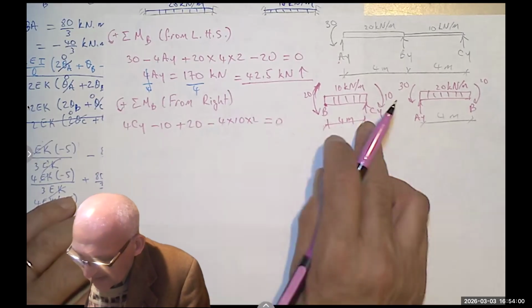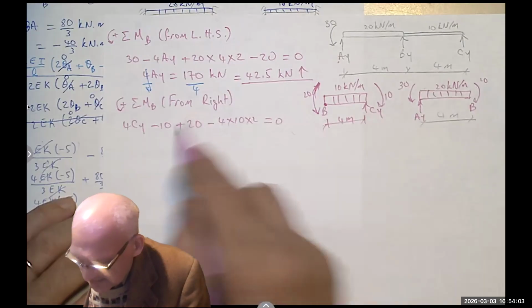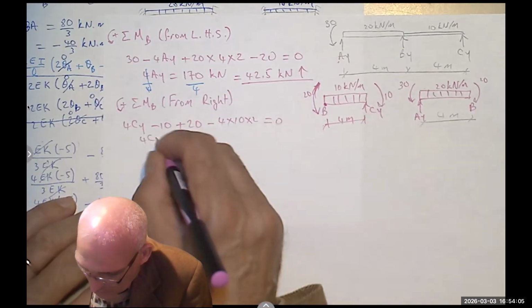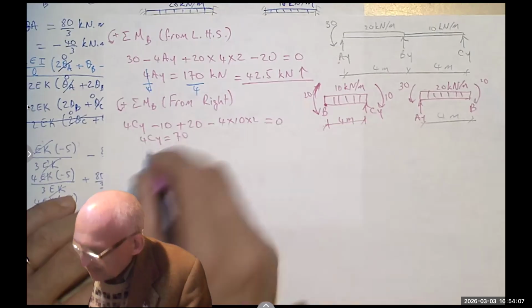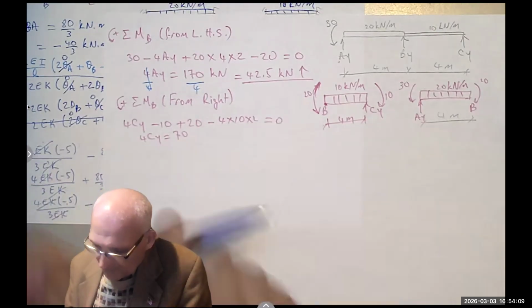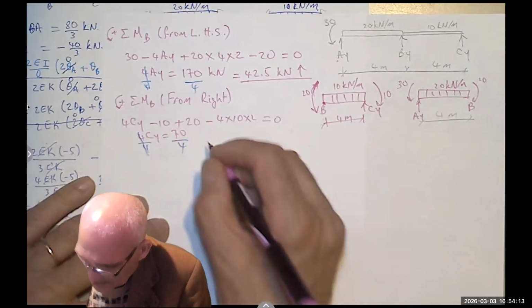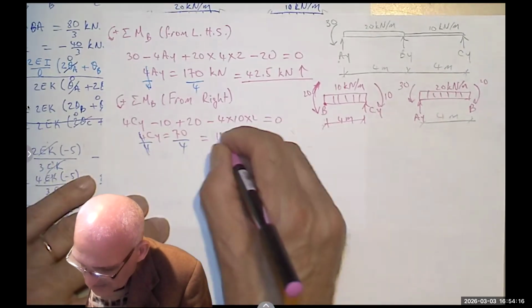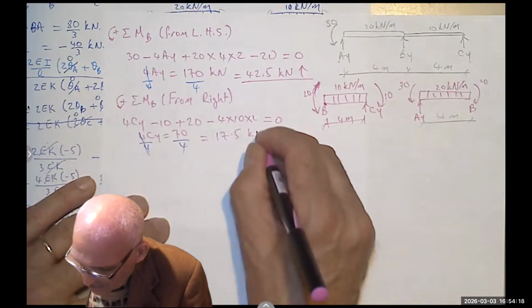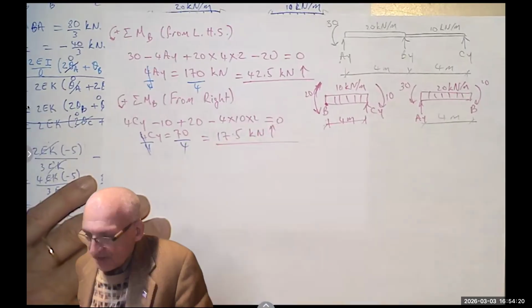So when I move them to the other side, it would be 80 minus 10, or 70. 4cy is 70. I'm going to divide by 4 both sides. So that becomes 17.5 kilonewton, positive, meaning going up.